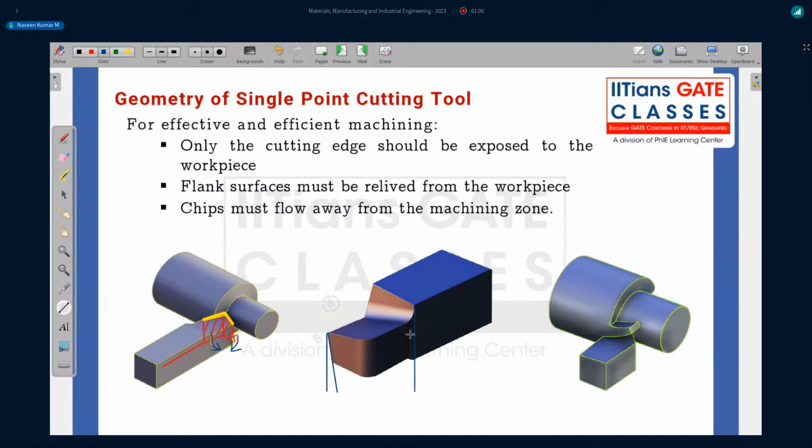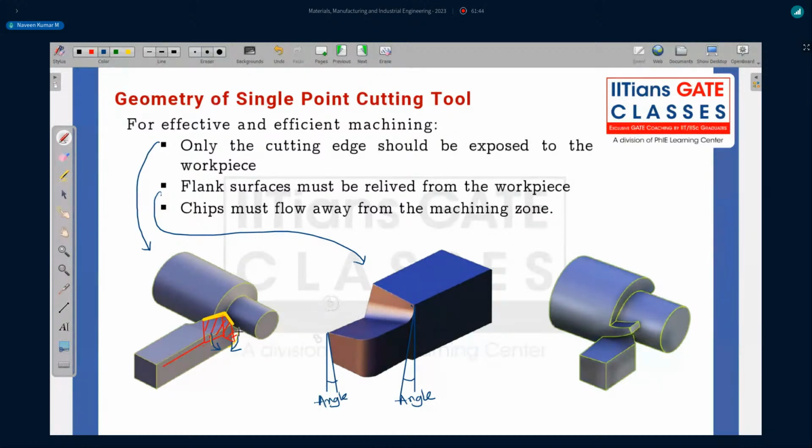And for here, this is some angle, right? So this is an angle and this is an angle, for this. And the last one is chips must flow away from the machine.